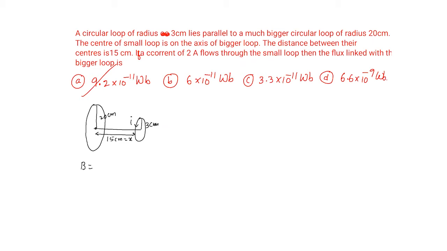So B is equal to mu naught I r square divided by 2 into (r square plus x square) whole power 3 by 2. First, you find the B due to this current. So x value is 15 centimeter. Current is passing in the smaller loop.